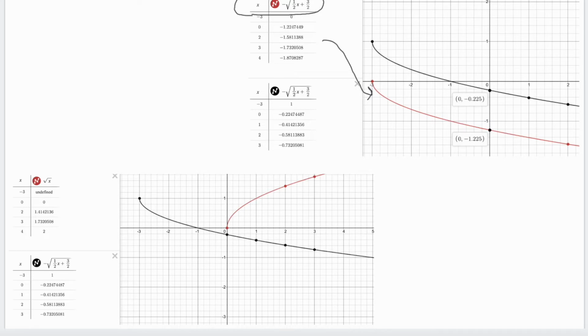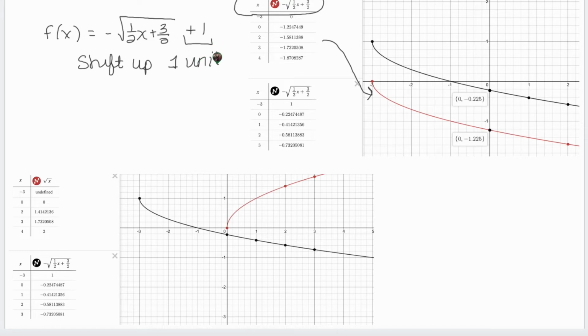So I have f of x, where we've done the half x plus 3/2, and now we need to do this last part of add 1. This tells me that I'm shifting my graph up 1 unit. Shifting up tells me I'm going to add 1 unit to each y value.